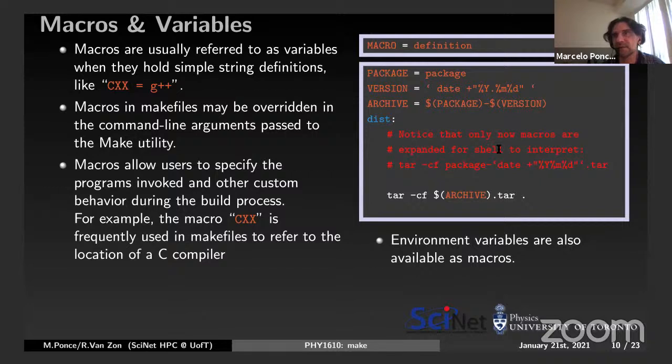So this rule is going to expand this line to this: tar -cf, the package, because it's the string I brought here, dash whatever is the return of this value, .tar, and basically not compress, but bundle together all the files contained in the current directory. So in one way, environment variables and macros are sort of the same for make.